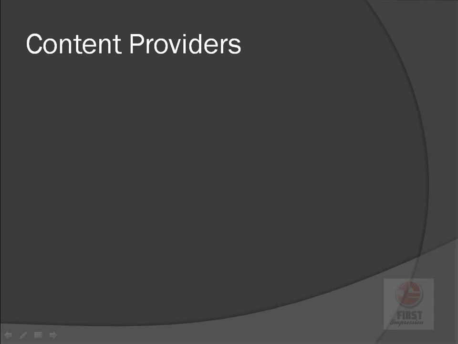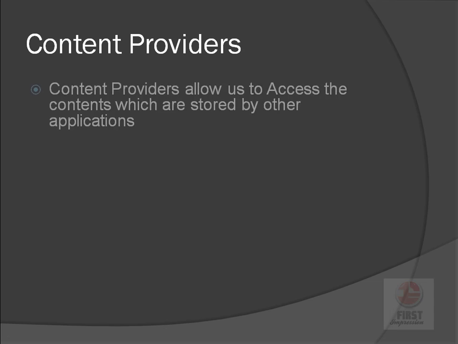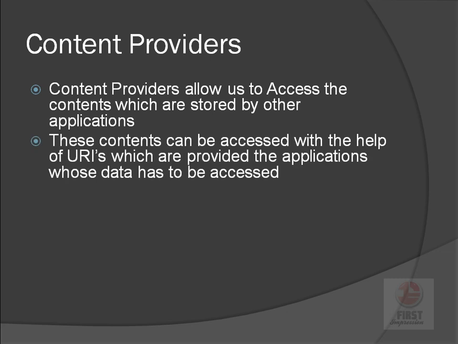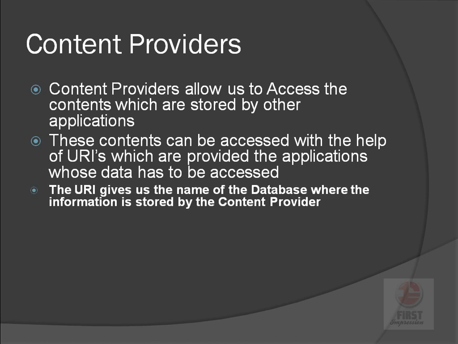First of all, let's understand the concept behind content providers. Content providers allow us to access contents which are stored by other applications. The contents which are stored by other applications can be accessed with the help of a URI, or Universal Resource Identifier. The URI gives us the name of the database where the information is stored by the content provider.